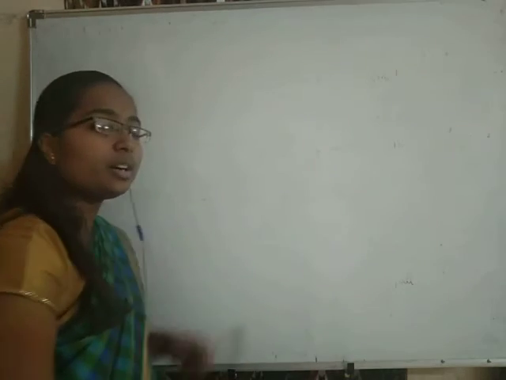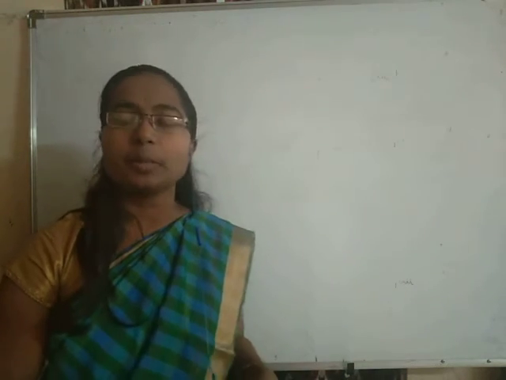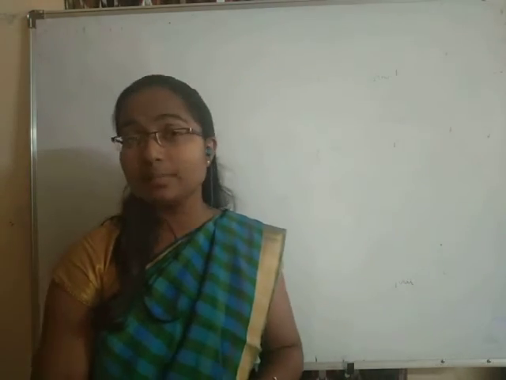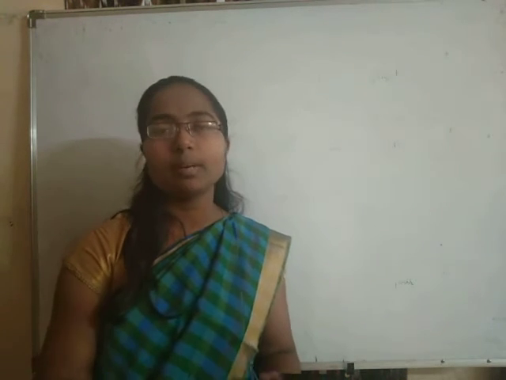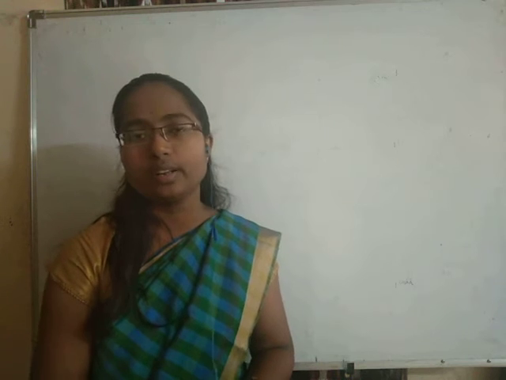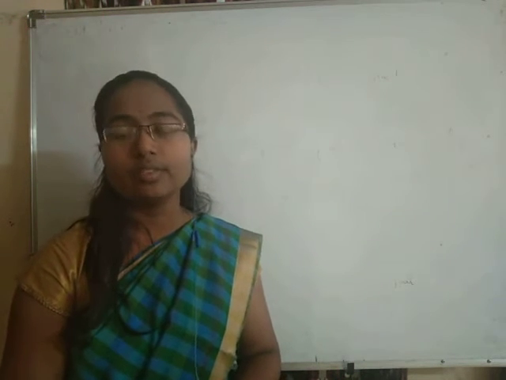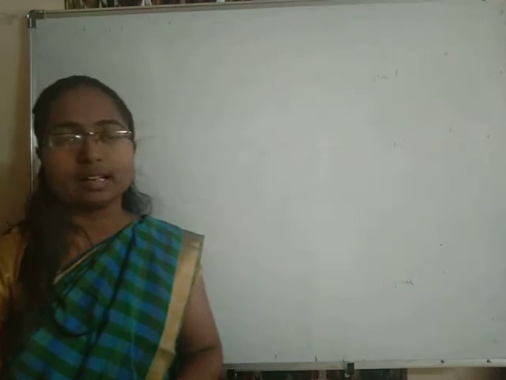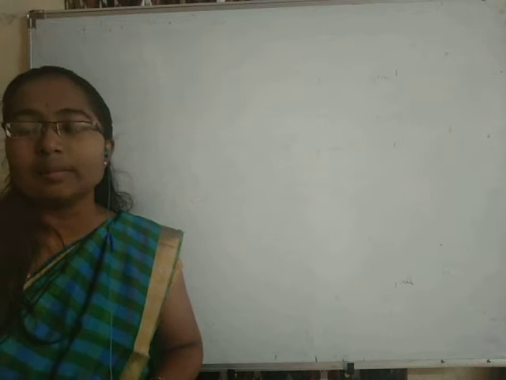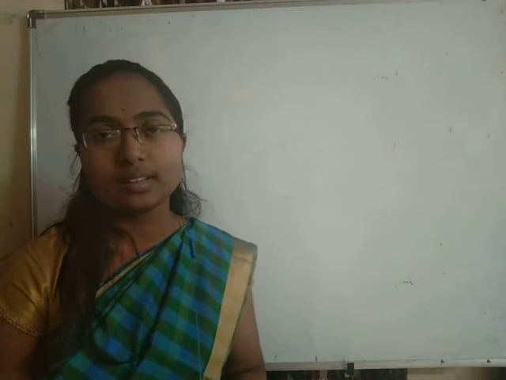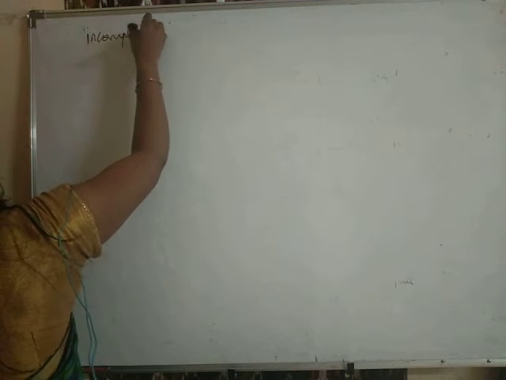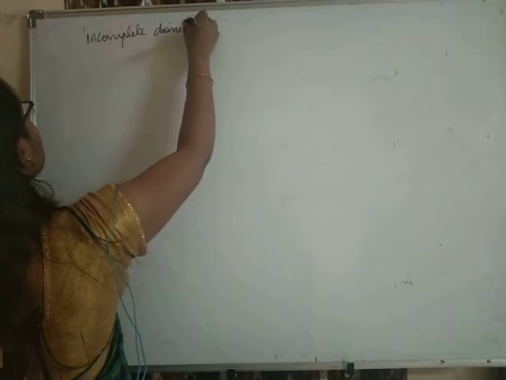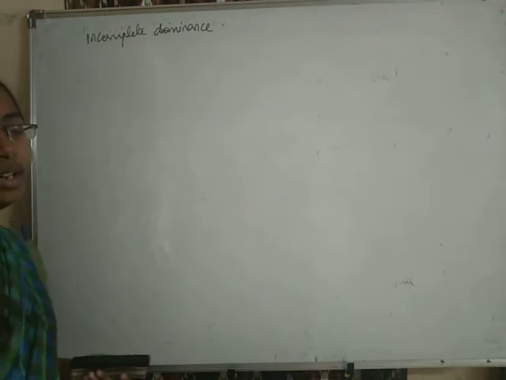So, students, when the same experiments that Mendel performed on Pisum sativum, the pea plant, were performed on some other plants, the results were somewhat different. Let us see what happened. Incomplete dominance was observed in some plants.